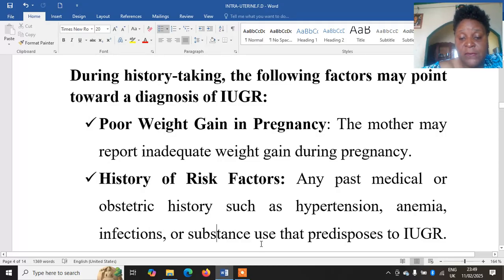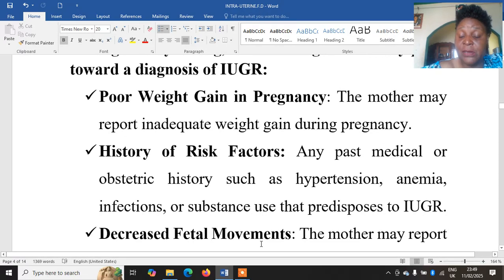If a mother gives a medical history of hypertension, being anemic, taking alcohol, remember we ask all these things. We ask in the social history whether this mother takes any alcohol or smokes, so that we start thinking about IUGR.